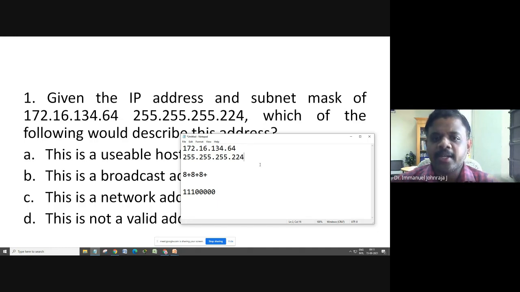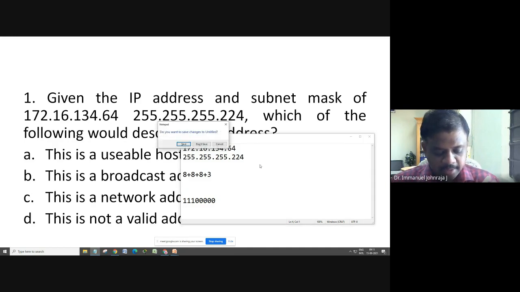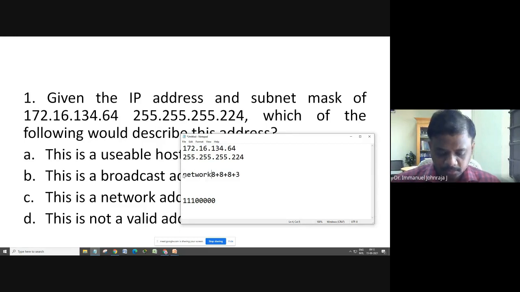Yeah, we have the same 224, which means 8 bits are 1, 8 bits are 1, 8 bits are 1, and another 3 bits. So this many bits are available with the network portion. How many? 24 plus 3, 27. So this is the network portion, totally 27 bits.